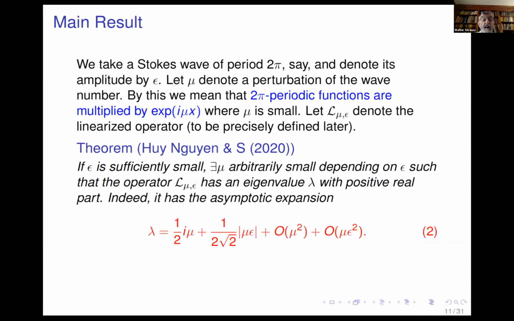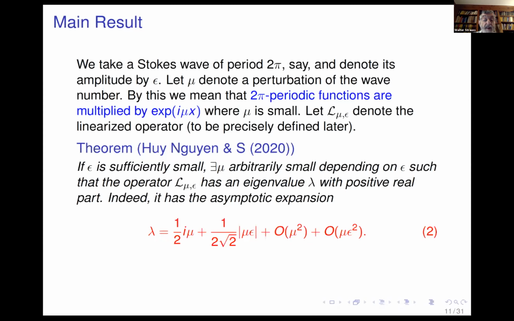So here I'm trying to state the result a little bit with some care. If you have a Stokes wave, say of period 2 pi, and its amplitude is epsilon, small, and then you take a perturbation of the wave number, which I call mu, and this means that you take your 2 pi periodic functions and multiply by e to the i mu x, and mu is also small, and L is the linearization.